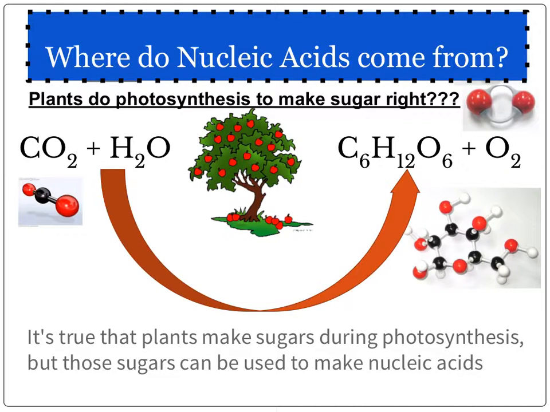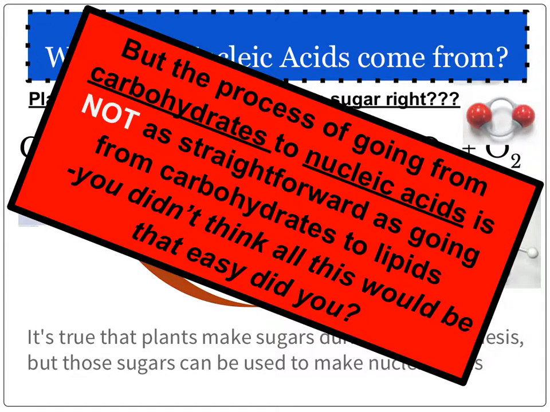And much like with making lipids, nucleic acids are made partially from sugars, but the process from going carbohydrate to nucleic acids is not as straightforward as just rearranging the atoms as was done in the creation of lipids. So, sorry, it's not as easy as with lipids, but the process isn't going to be too difficult for you to wrap your mind around.